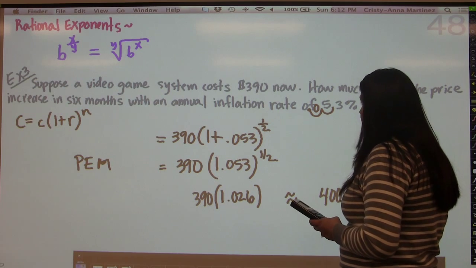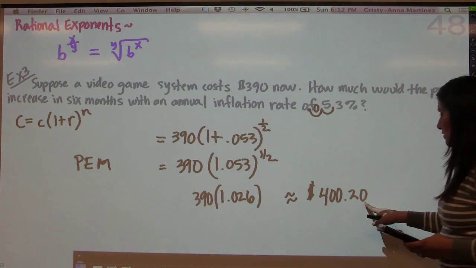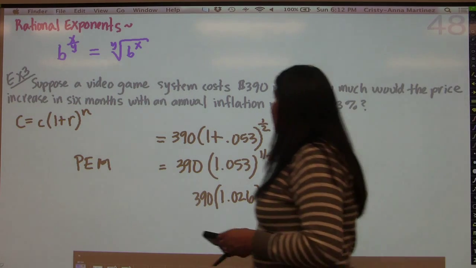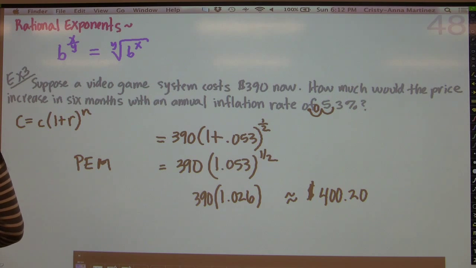And then your answer will be 400.20. We are looking for cost here, so you want to just leave it at 2 decimal places. So after 6 months, the price will increase to $400.20, but they're asking how much the price increased.